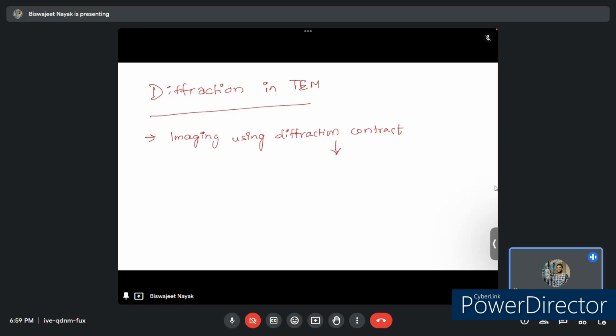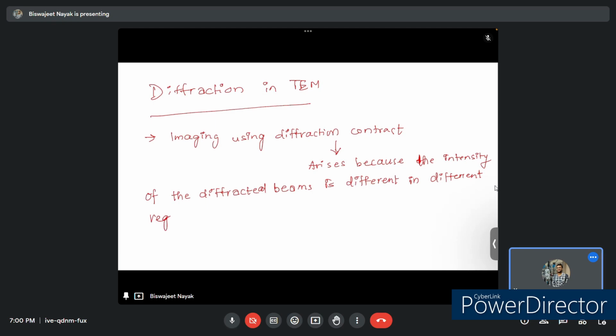This diffraction contrast arises because the intensity of the diffracted beams is different in different regions of the specimen.